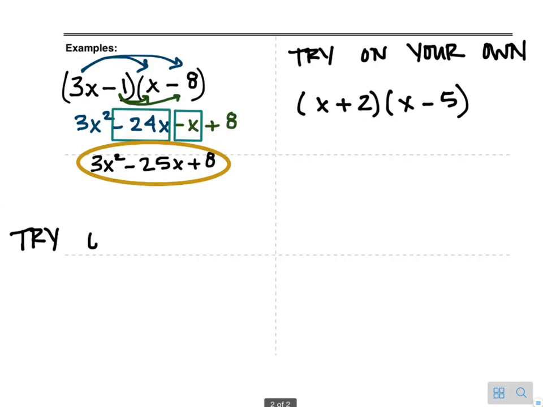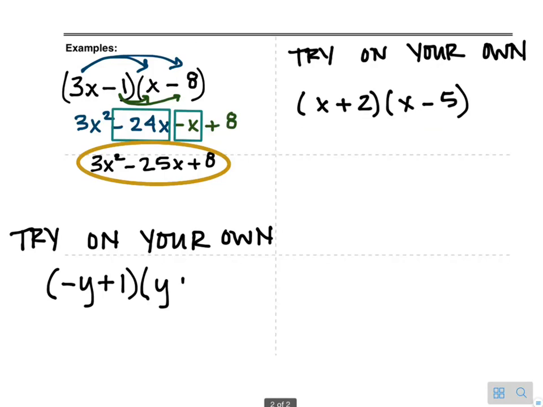And another try on your own, please. This has the binomial of negative y plus 1 and the second binomial of y plus 3. Be particularly careful because in this particular session we have a negative y, so please check your negatives.